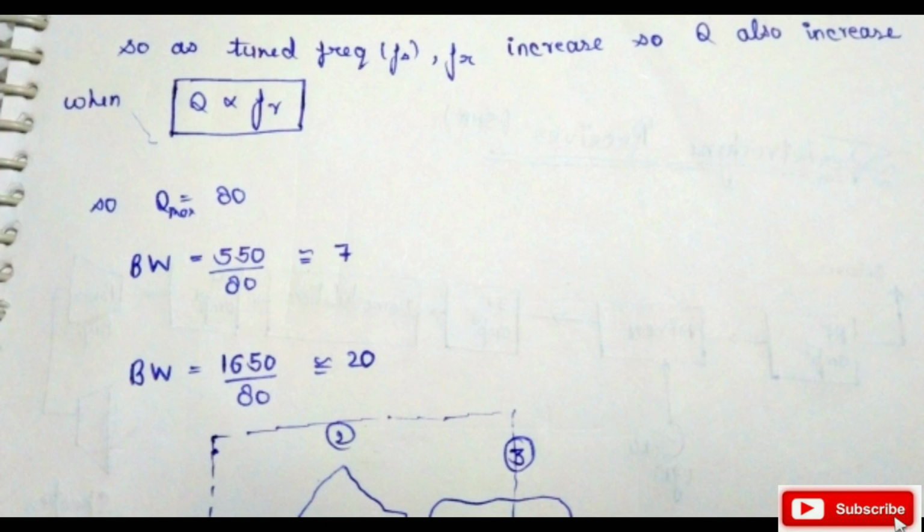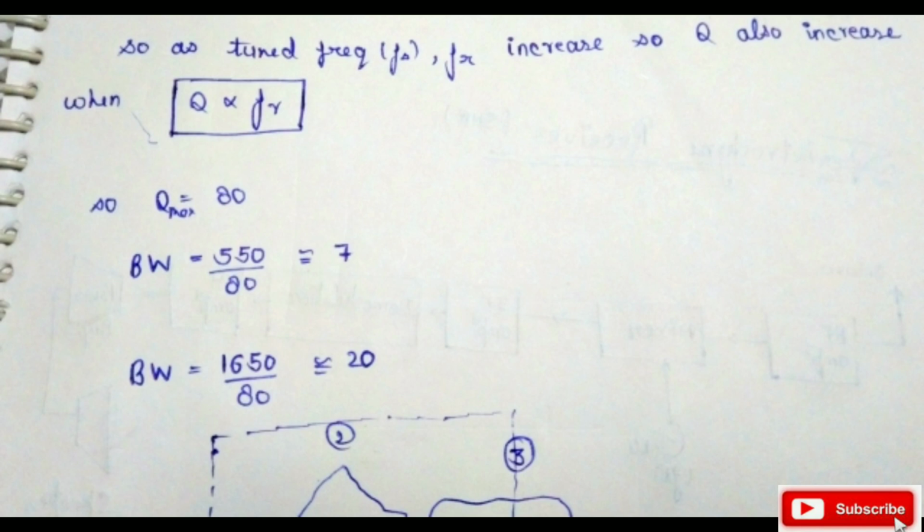So first we find our bandwidth for the minimum frequency as approximately 7, and for high frequency 1650 we find bandwidth as 20, and the standard range of the bandwidth is 10 kilohertz. So when bandwidth is 7 it is okay, but for high frequency the bandwidth creates a problem when taking the maximum quality factor.